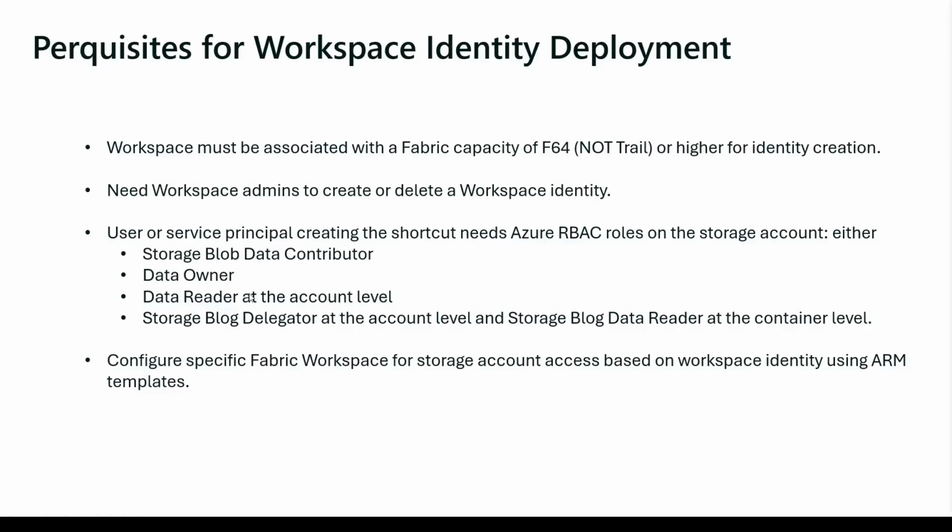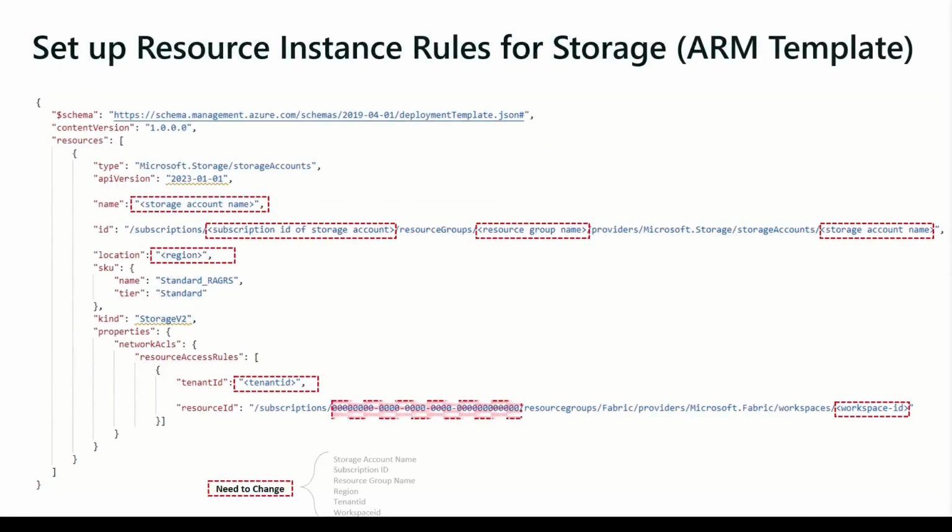The third one is the user or service principal creating the shortcut must have one of these RBAC roles on the storage account. And the last one, we are going to use ARM template to configure specific Fabric workspace for Azure storage account access based on the workspace identity. So here is the ARM template, which we will use to configure specific resource instance rule for Azure storage account access based on the workspace identity.